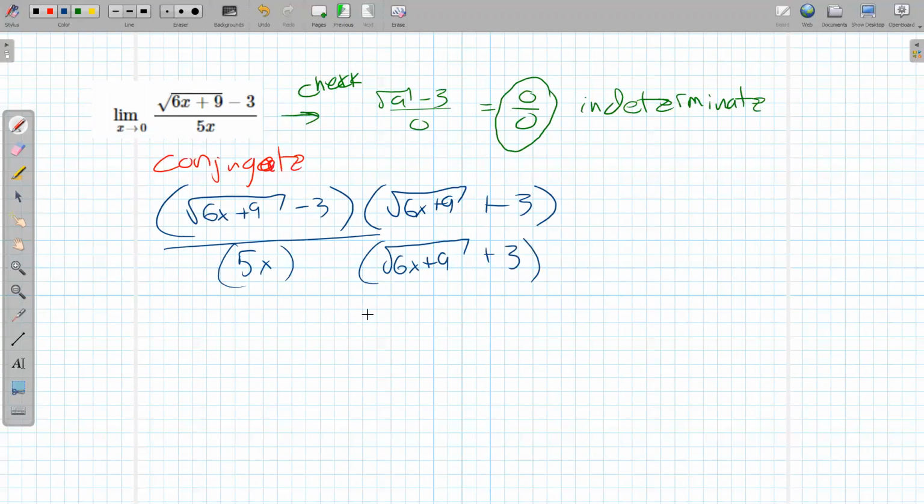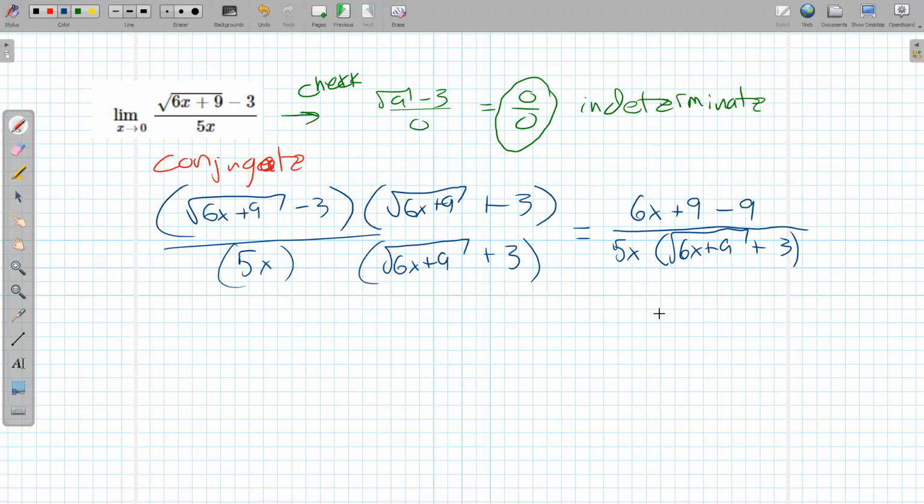And let's see, there's not really much point in multiplying the denominator, but we definitely need to multiply the numerator here. And so square root times the square root cancels, so that's just going to give me 6x plus 9. And then the minus 3 times plus 3 is going to give me a minus 9, so that's my new numerator. And the middle terms cancel out because this is the difference of squares.